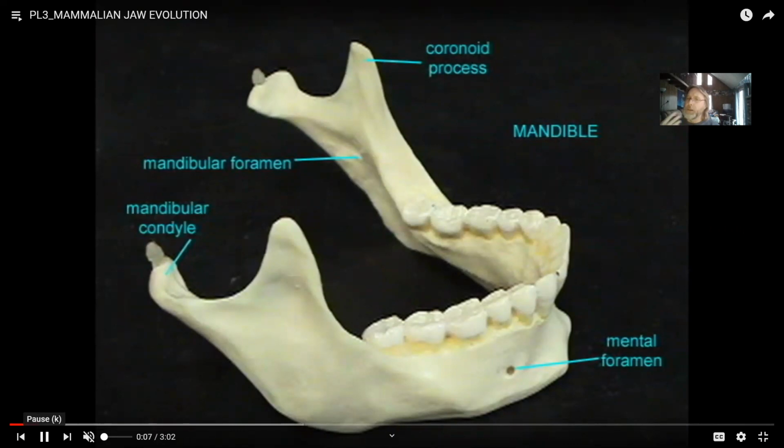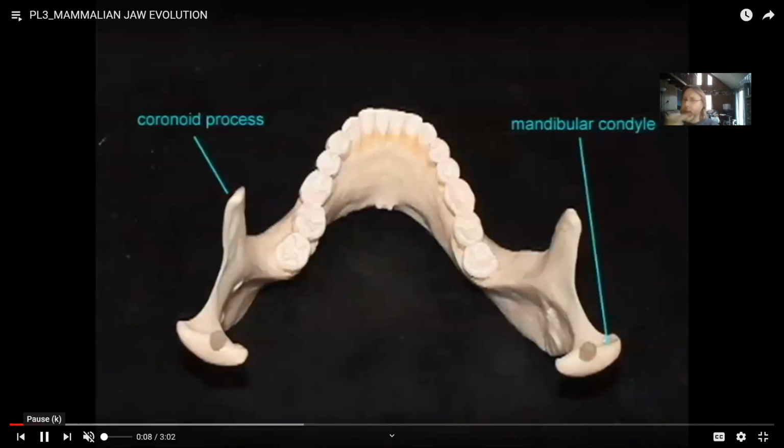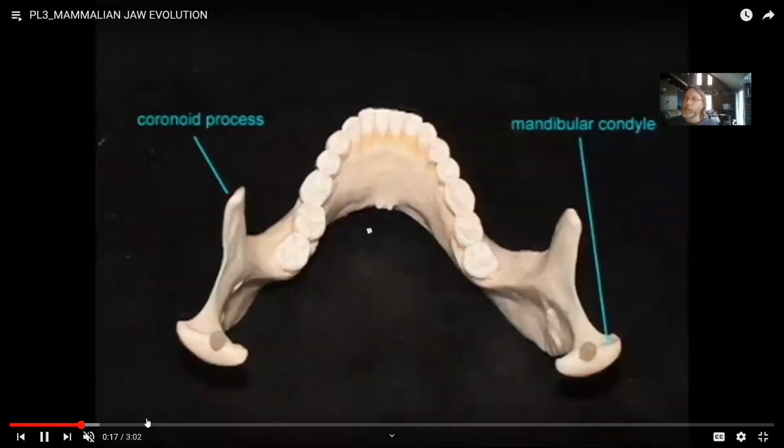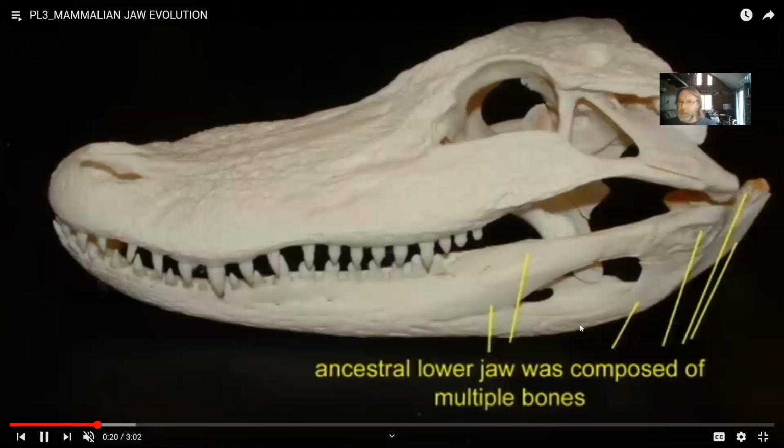When you go back to fish, amphibians, and reptiles, they had lots of bones in the lower jaw. And what happened over time is that this mandible, which in the next animation is colored blue, will slowly get bigger and bigger. But notice here in this alligator, there are lots of bones in the lower jaw, not just the dentary bone, which composes the mandible.